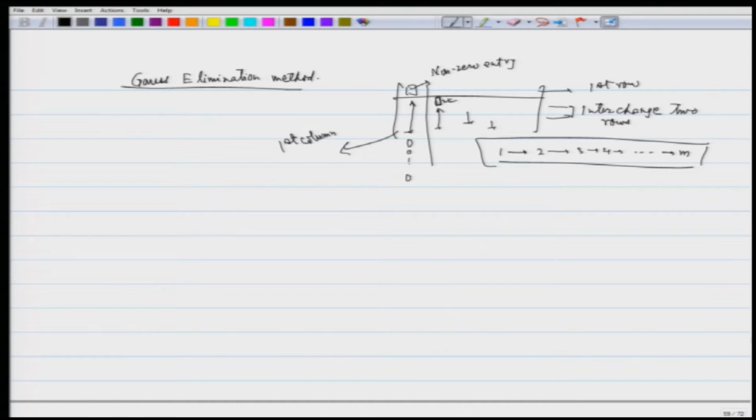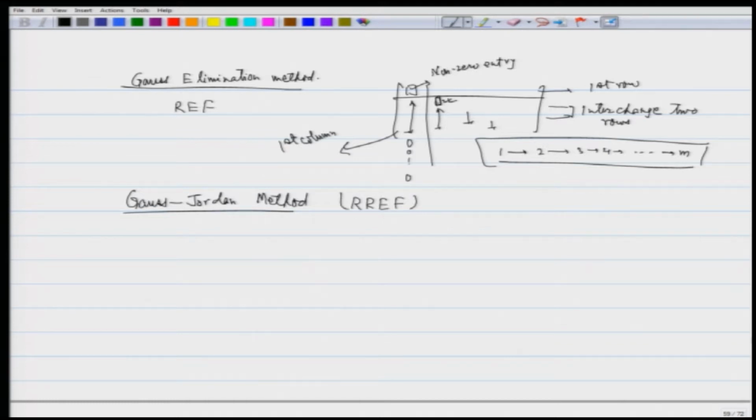Now we would like to know what is called the Gauss-Jordan method. Gauss elimination method gave us the REF, row echelon form.